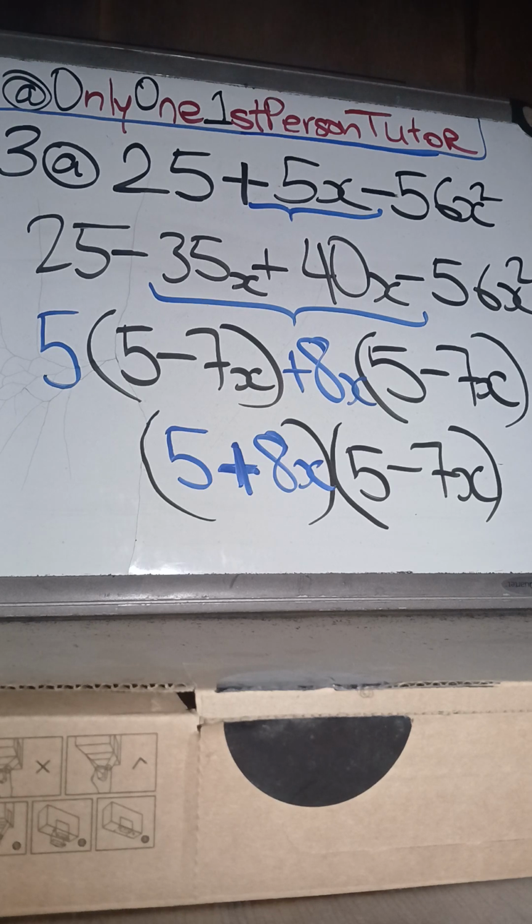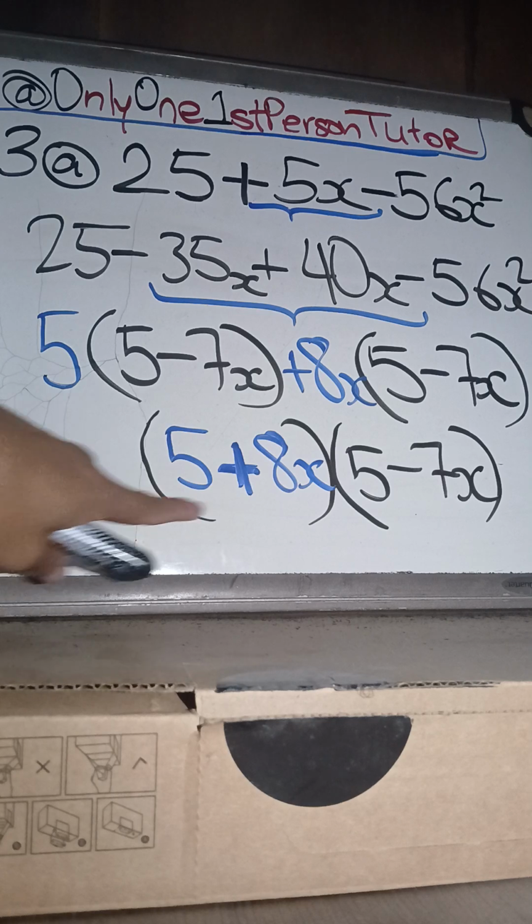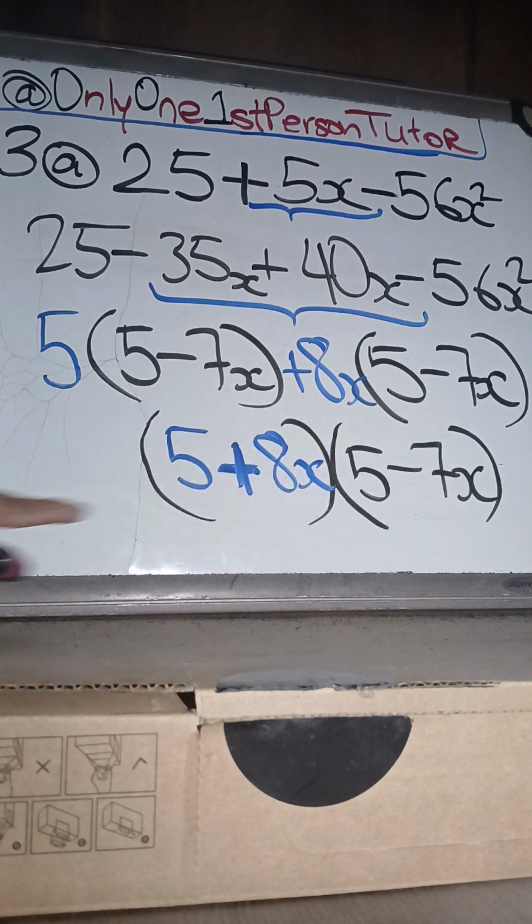Now obviously if it's equal to 0, there are further steps, so I will do those after the fact. But I guess this will be the first portion of doing that. Once it's equal to 0, we'll have 5 plus 8x equals 0, or 5 minus 7x equals 0.